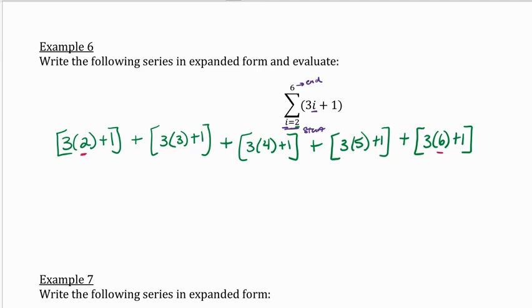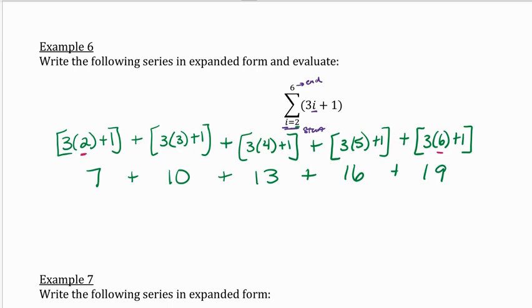So this is a finite series, right? It has a start point and an end point. So then if I just work out all of those numbers, well, 3 times 2 plus 1, that's 6 plus 1, so this would be 7. Next one is 9 plus 1, so 10. Next one is 12 plus 1, so that would be 13. Then 15 plus 1 is 16, and 18 plus 1 is 19. You can kind of see the pattern there too.